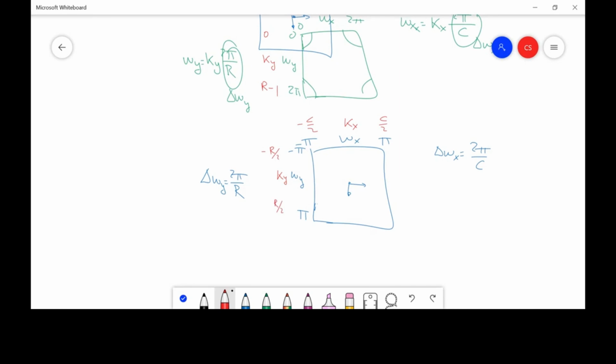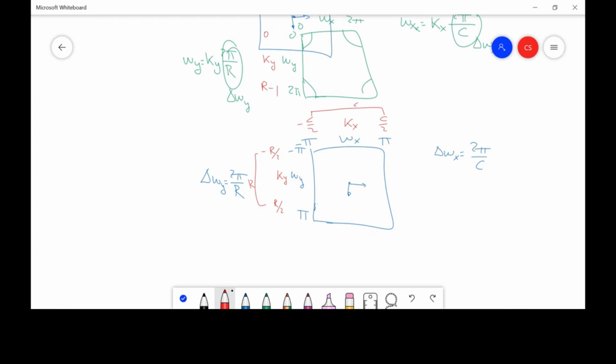I'm kind of loose because there should be a minus 1 somewhere, so that there are exactly r and c columns and indexes. But loosely speaking, the length here is still c, and the length here is still r. But now the kx and ky can take negative values.